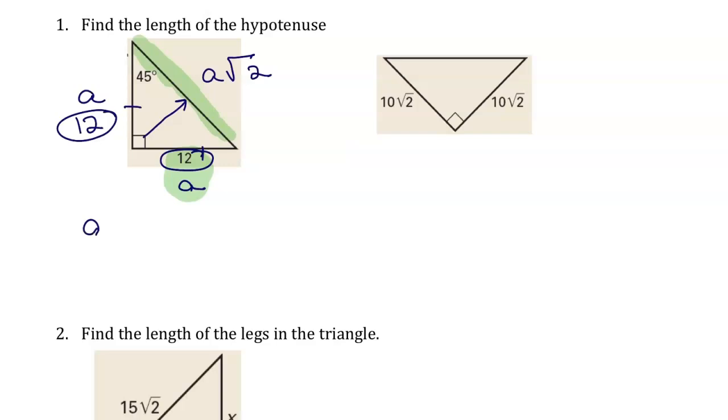And my A root 2 side, I can get the value for it by plugging in 12 for my A. So what does my hypotenuse equal then? It's going to equal 12 root 2 because I replaced the A with the 12 that they told me was the leg value.